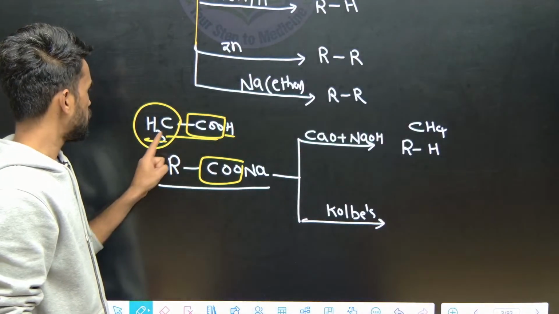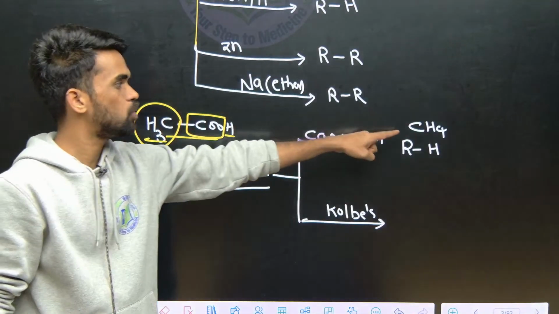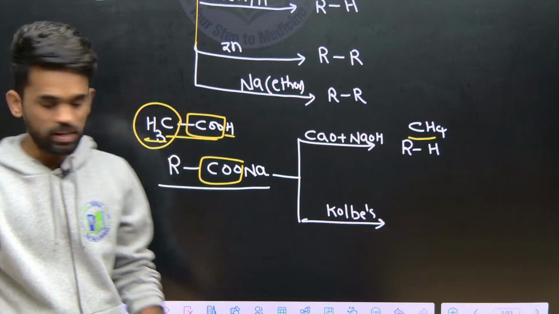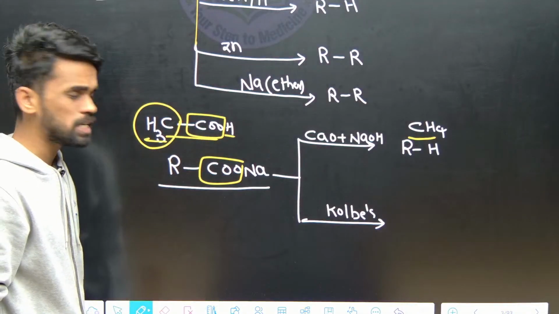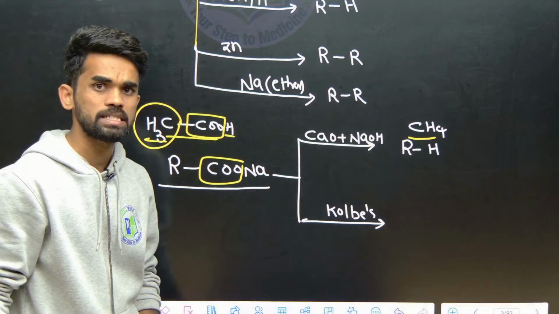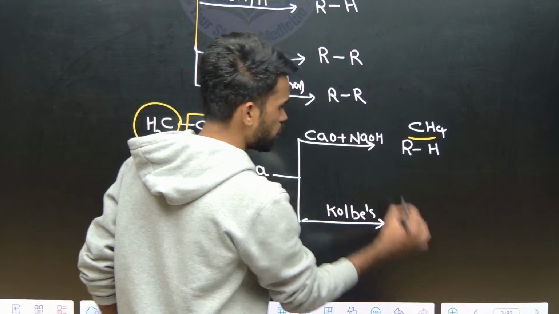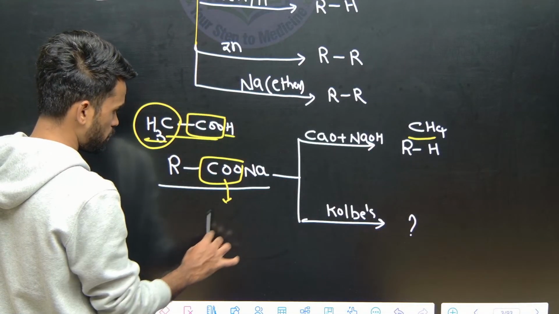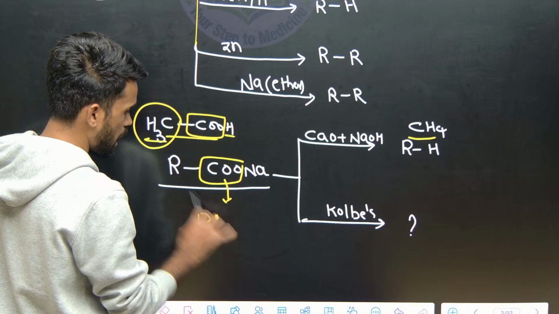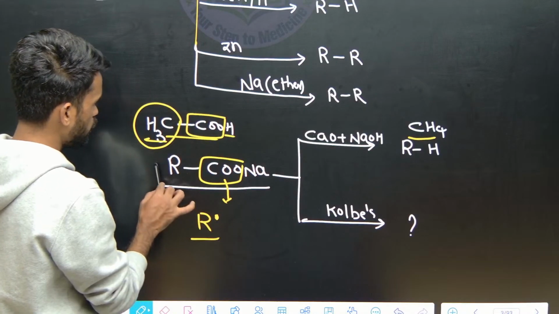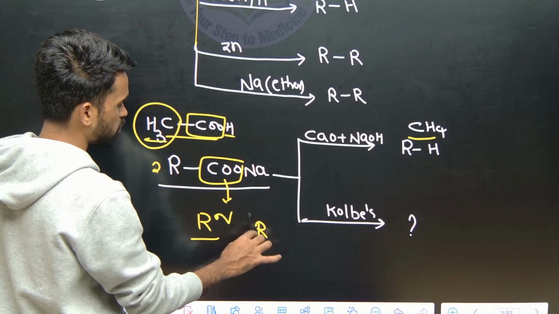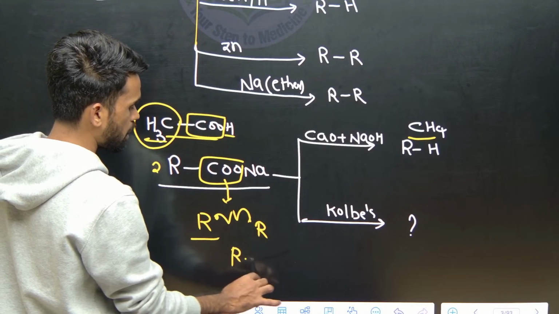Here you have 2 carbons, but on the product side you have only 1 carbon in the hydrocarbon formed. When it comes to carboxylic acid upon Kolbe electrolysis, what will be the product? It is very easy. Again, just remove the CO2 and you get an R radical. If you take 2 moles, you get 2 radicals, and these 2 radicals pair up to form RR type of product.